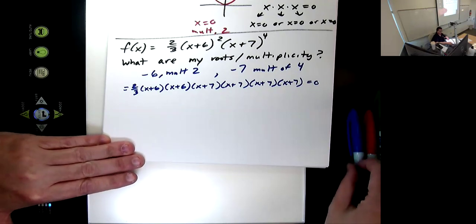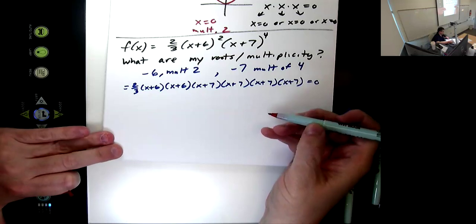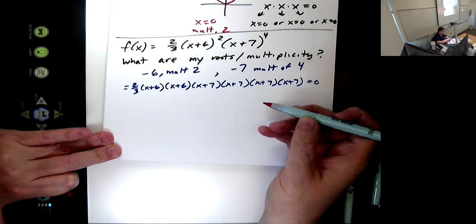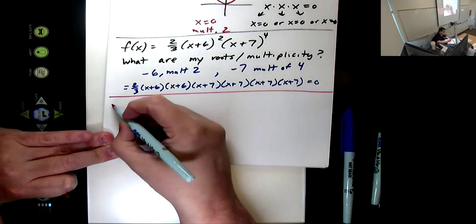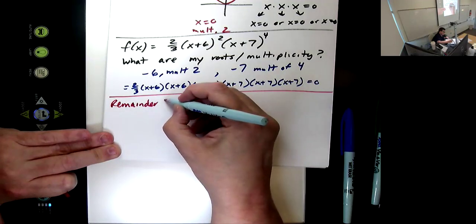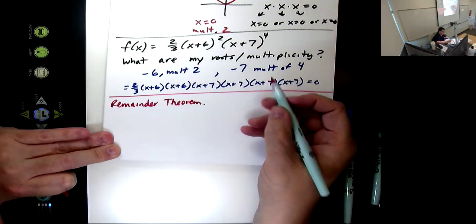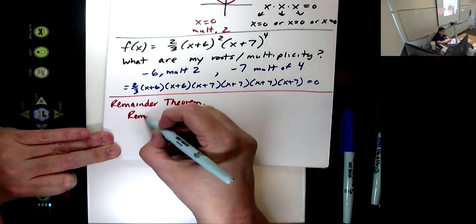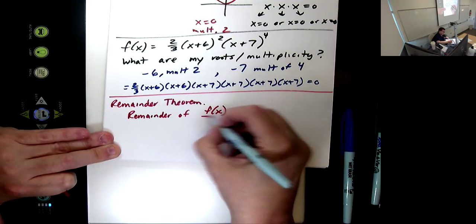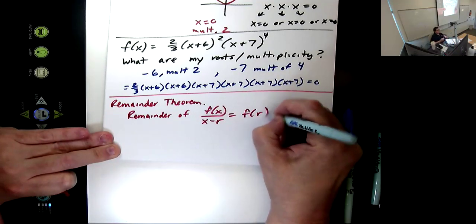Ready for more? So we've got something called the remainder theorem, and it goes like this. The remainder of f of x divided by x minus r equals f of r.